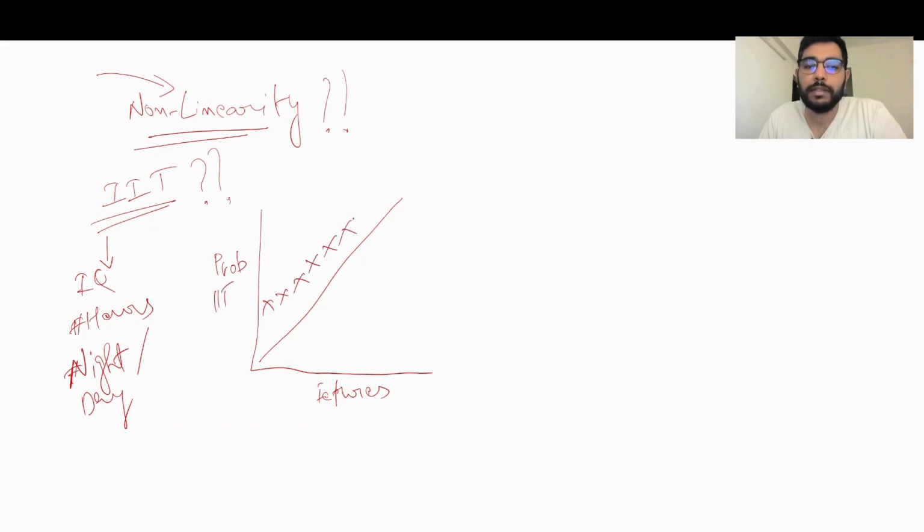If this was the data, these feature scatter plots help us understand the relation between the input features and the target variable, that is the probability in IIT. If this was the case, a simple linear line would have helped.